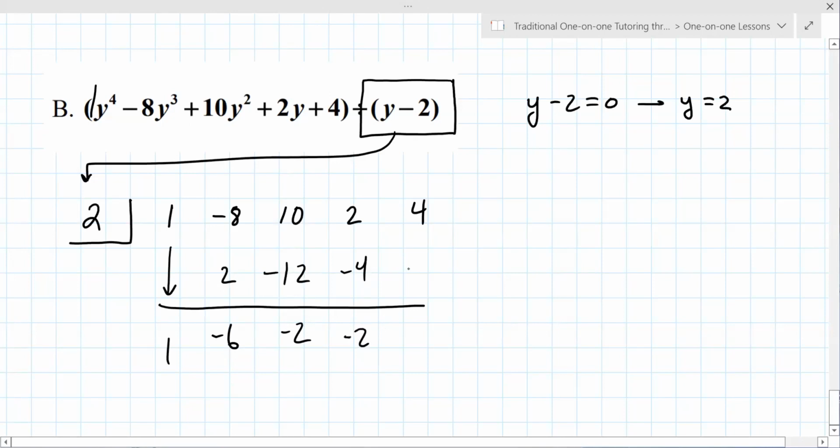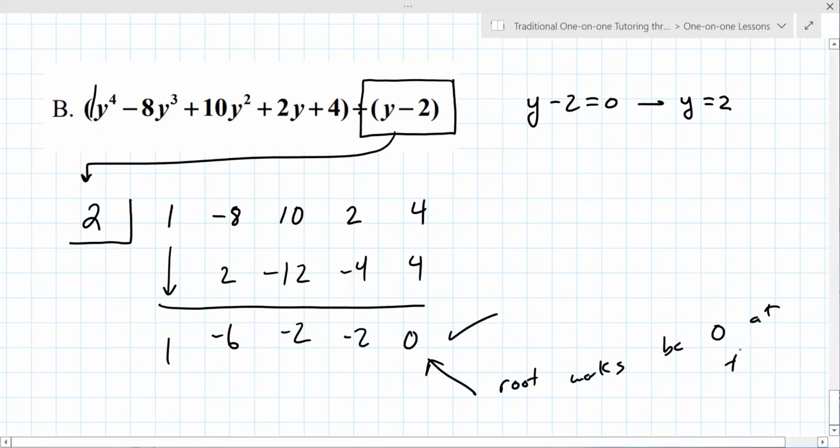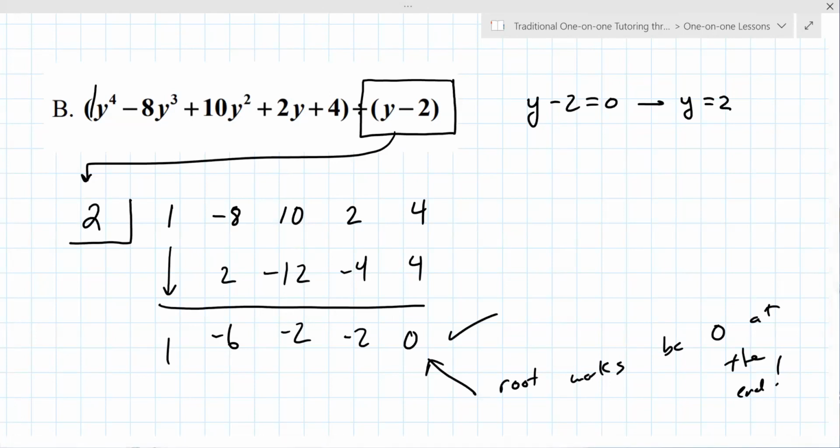And -2, yeah, -2 actually. I think you're on mute. I don't know if you're talking or not. Sorry, I was talking. It's amazing. All right, so the root works because you get 0 at the end. That's important. Okay. So we don't know what else to try. To do that, let me just graph this one and see what we get.